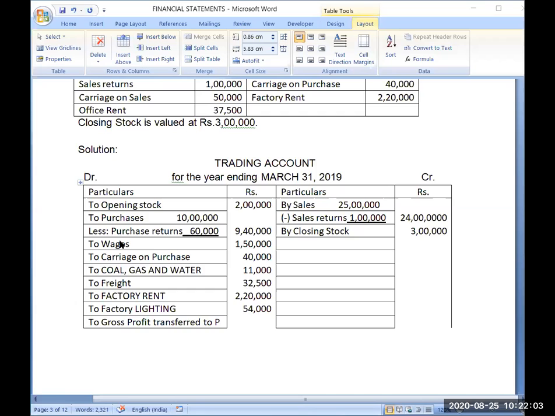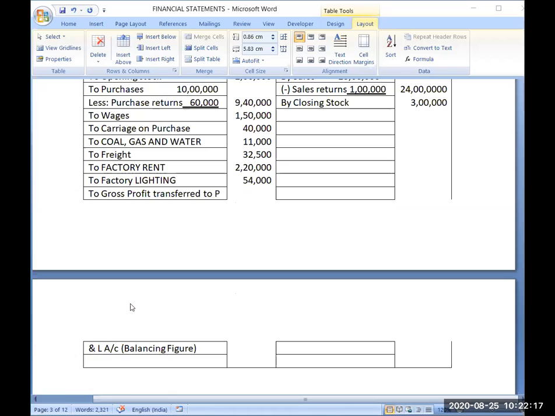Then the later part sequence is not required. Whatever expenses you are getting for the trading account, you can write them in any sequence. Okay, now this query is clear. So this is the gross profit which I will be getting.